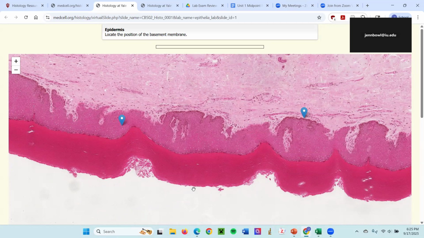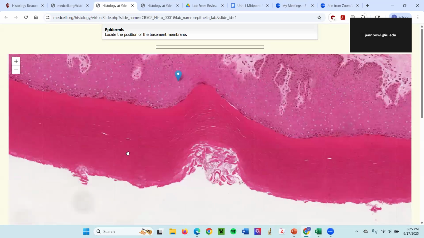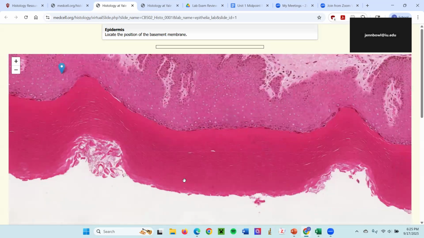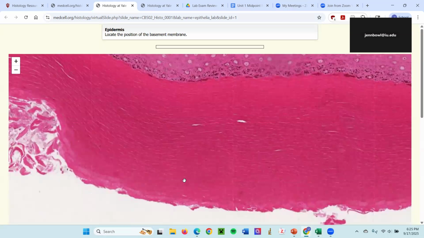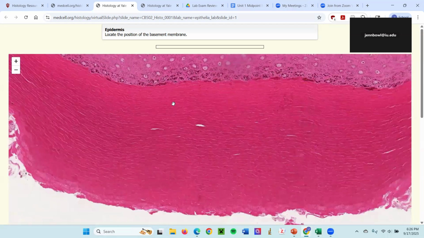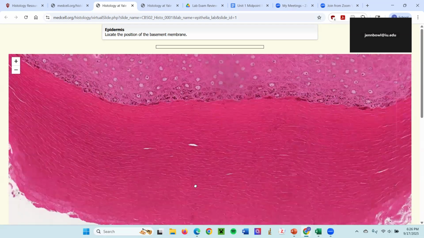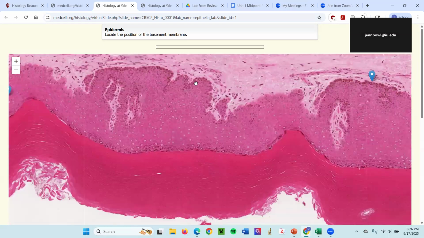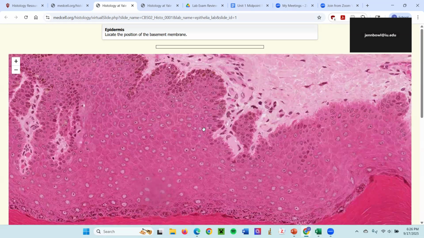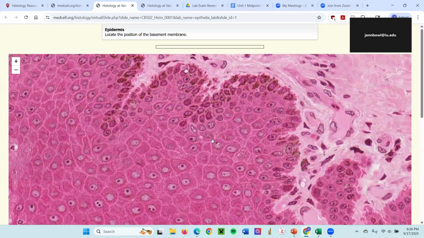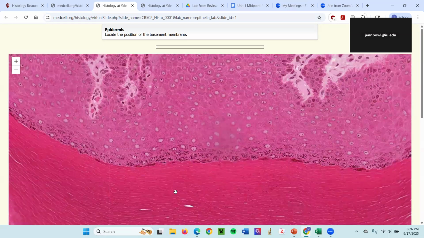In this case, we have layers upon layers upon layers of stratified squamous epithelium. So that's one of the best examples of stratified epithelium that we have talked about so far. As we talked about, the layers of the epidermis will start out more cube shaped. These actively growing layers towards the basement membrane are going to look a little more like the general cell model that we learned in our very second lab.